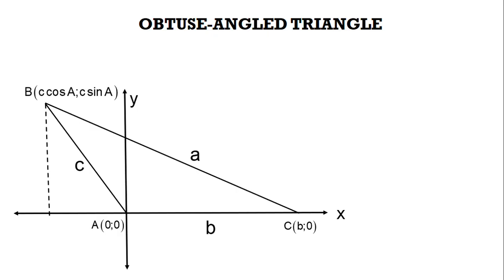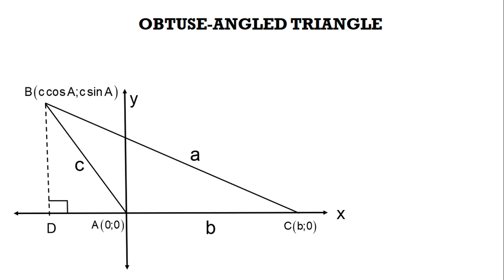Now this is drawn from B as it was done in the acute angle triangle. The only difference here is that now this is an external perpendicular height. So it's not inside the triangle, but it is outside. Of course, it is at right angles with the x-axis.